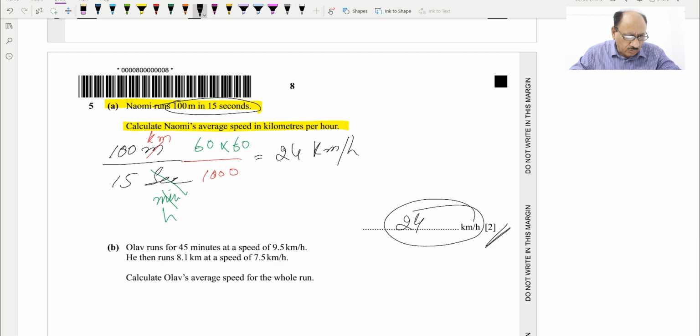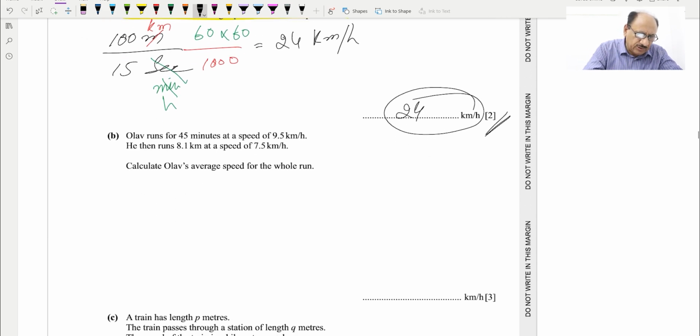Hopefully you understand this. Next is B part. Says Olive runs for 45 minutes at a speed of 9.5 kilometer per hour. We know speed is equal to distance over time, and we can calculate distance covered in first 45 minutes. Distance will be equal to speed into time.